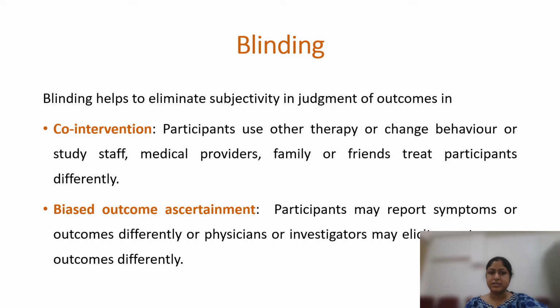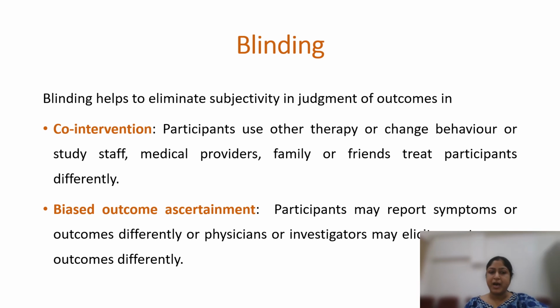What happens is, when participants or the researchers are aware of the allocation of the participant, then the participant may use other therapy or change their behavior, or the study staff, medical providers, family or friends may treat the participants differently.